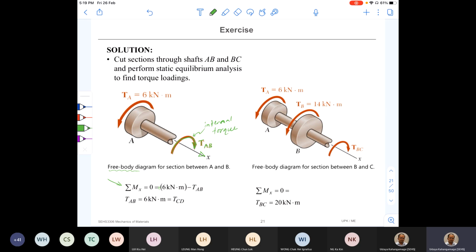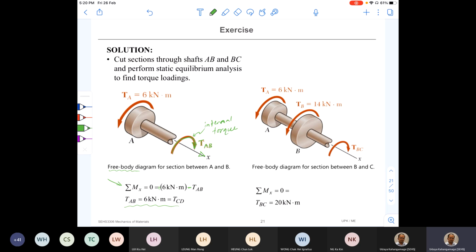And TAB, when you curl your fingers in the TAB direction, your thumb points in the negative x direction. Therefore, it is negative. So finally, TAB is this one. In fact, by observation, you can write that, but I want you to understand how it has been written here.